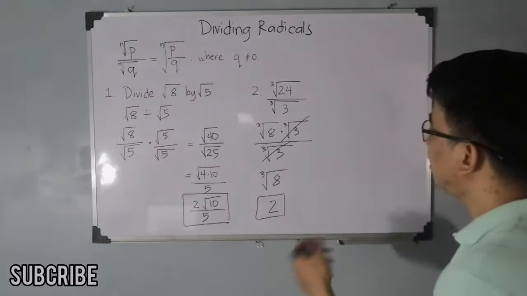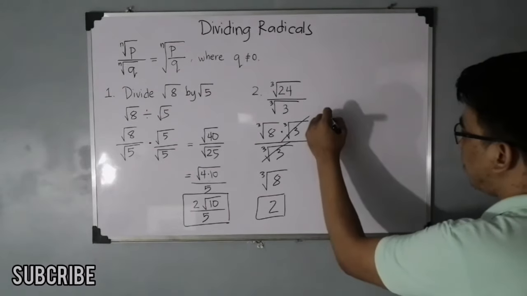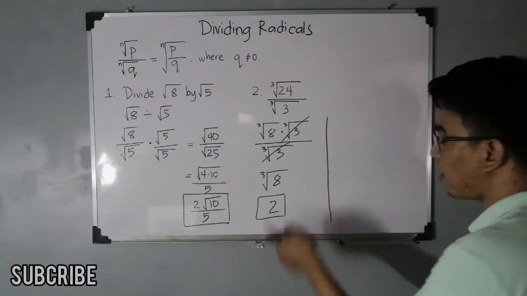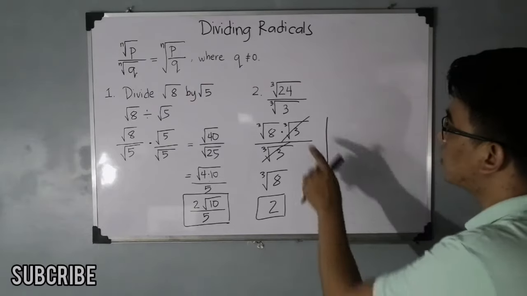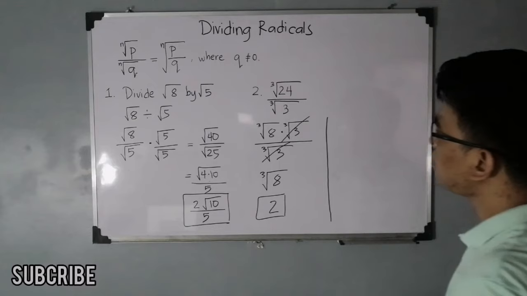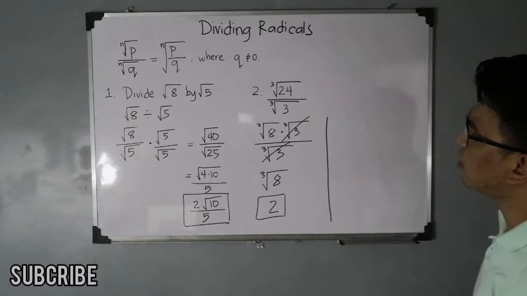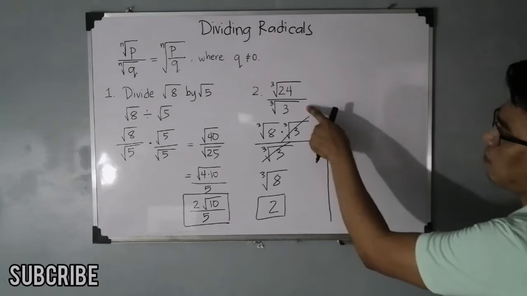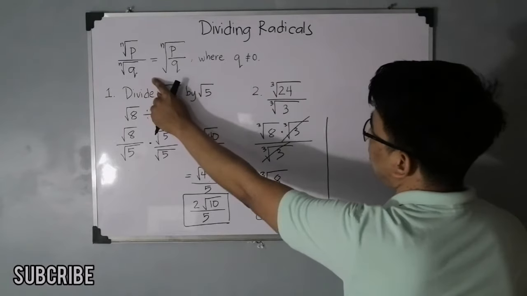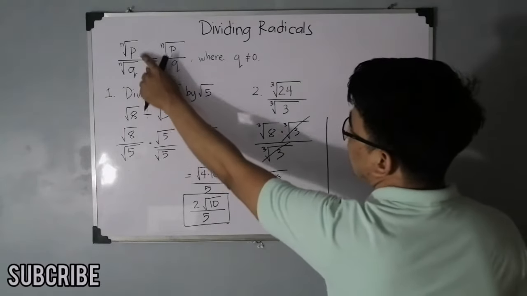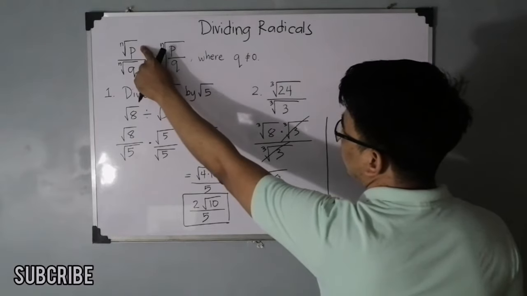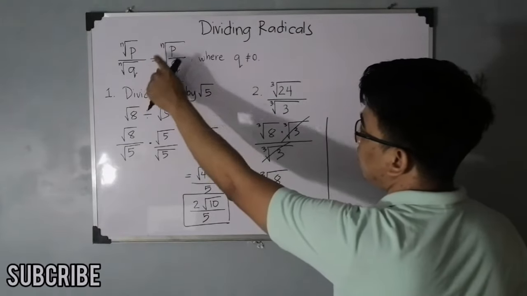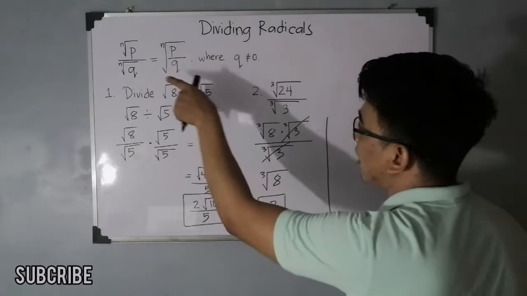Now, let's check if gumamit tayo ng pangalawang method kung makuha pa rin ba natin ay 2. So we have here the same problem. The cube root of 24 over the cube root of 3. So for this problem, I will be applying this law wherein if we have 2 radicals, one is in your numerator and this is a denominator, we can create a single radical.